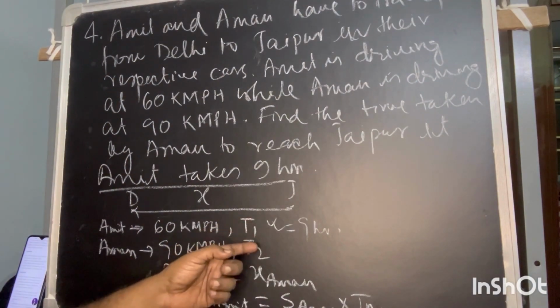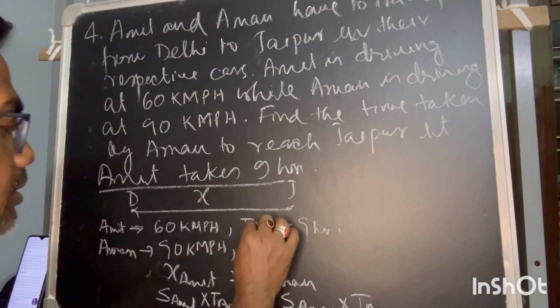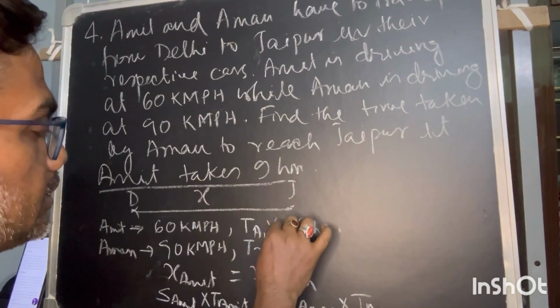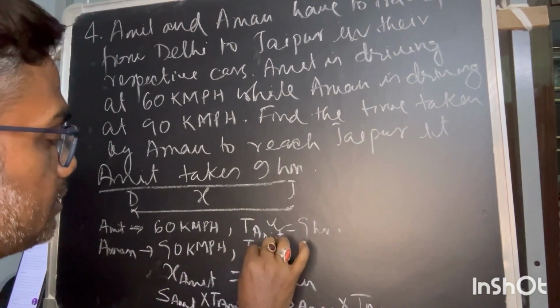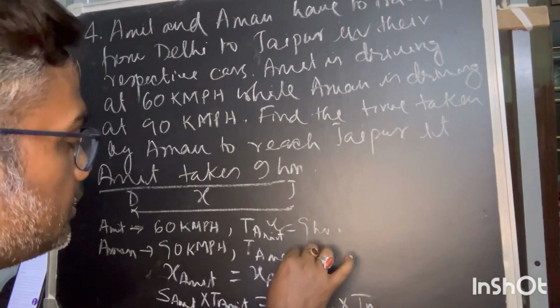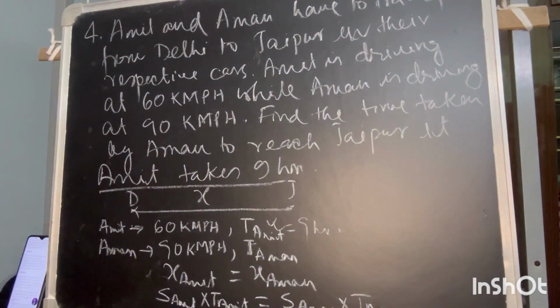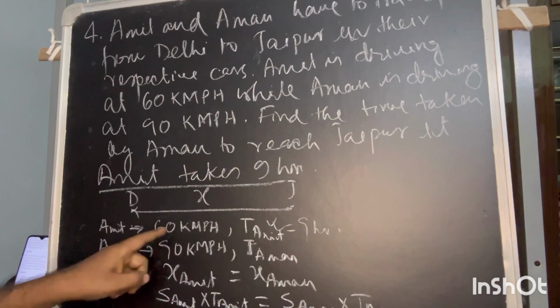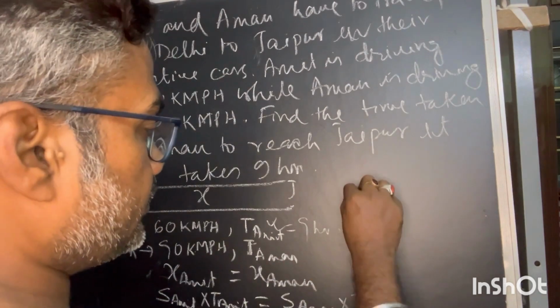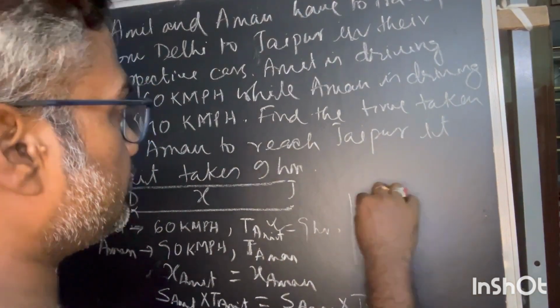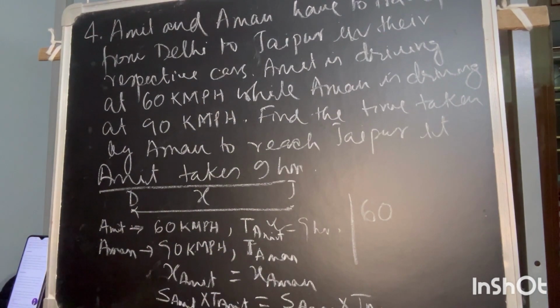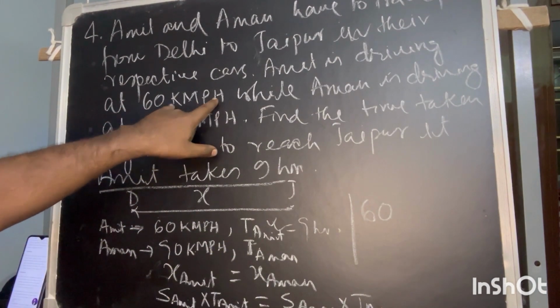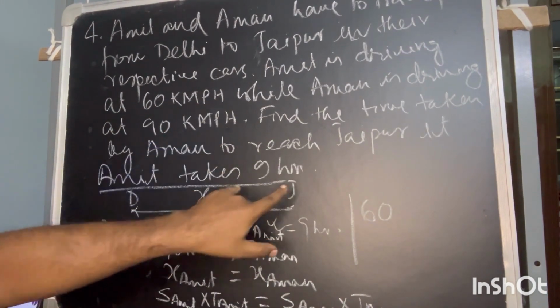I will not go with t1, t2, rather I will write all this with their names. This is time of Amit, time of Aman. The speed of Amit is what? 60. So now put the value there. 60 is the speed. I am not changing the units here. Why? This is kilometer per hour, this is kilometer per hour, this is hour.